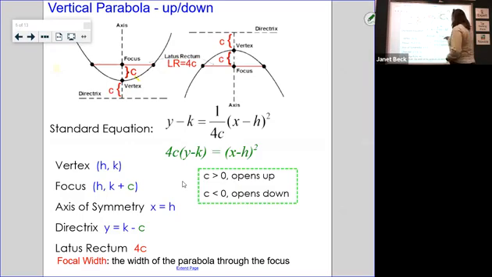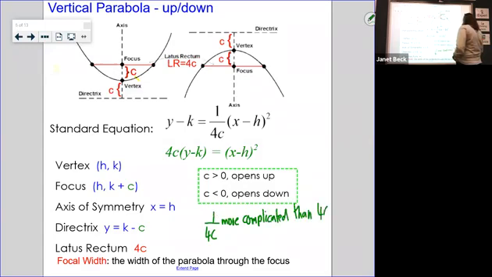How I think of it is 1 over 4C is more complicated than 4C.